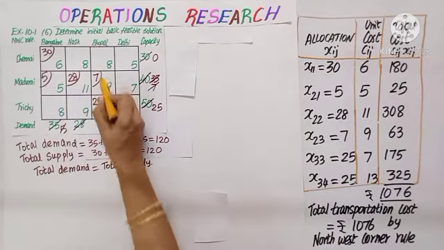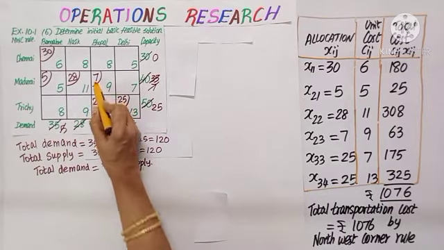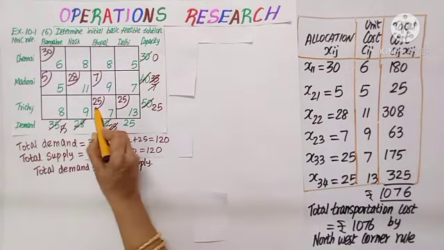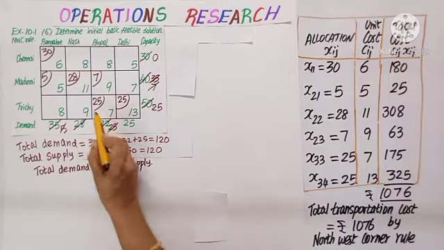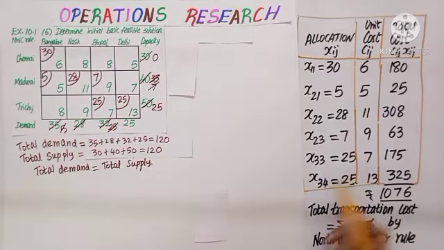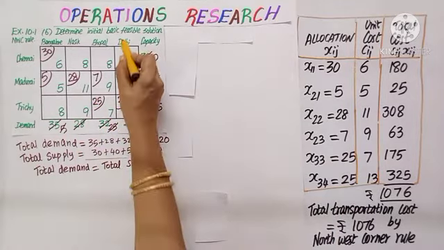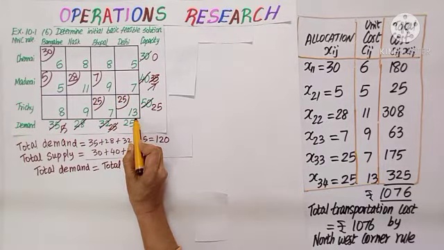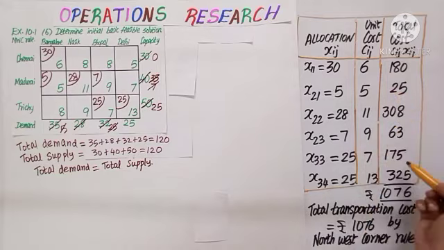Second row, third column, allocated 7, cost is 9. Third row, third column, 25 allocated, cost is 7. Third row, fourth column, allocated 25, cost is 13. Multiply in each case, find the total, and we get rupees 1076 by northwest corner rule.